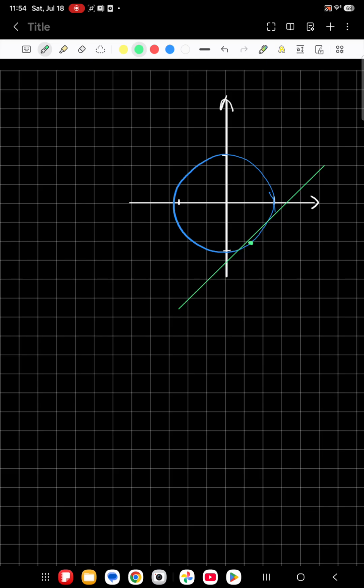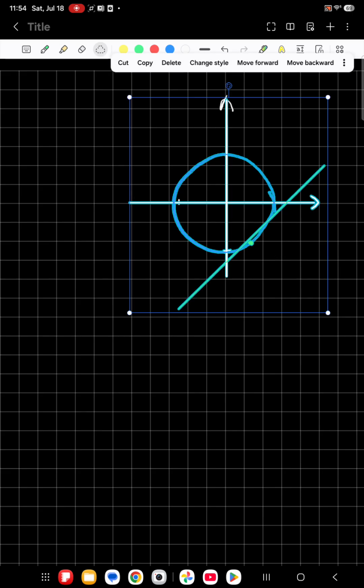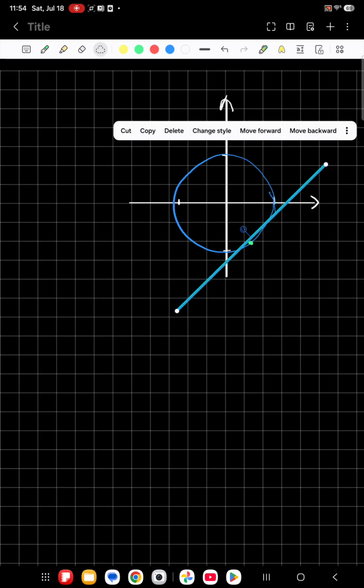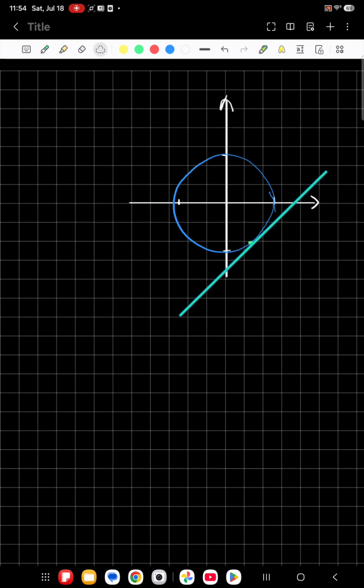Let me try to move it. Maybe like this. Okay, so we have that tangent line.